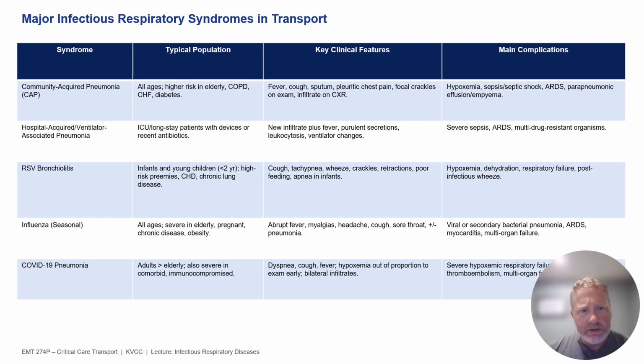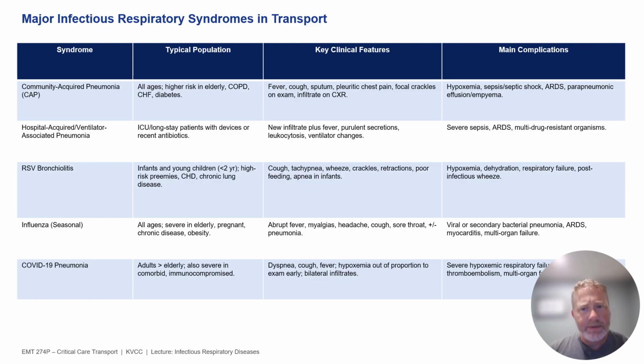RSV bronchiolitis in infants, especially, produces a pretty standard clinical picture. We've talked about that in previous lectures. You'll find wheezing, hyperinflation, secretions, and that's different from either bacterial or viral adult pneumonia.